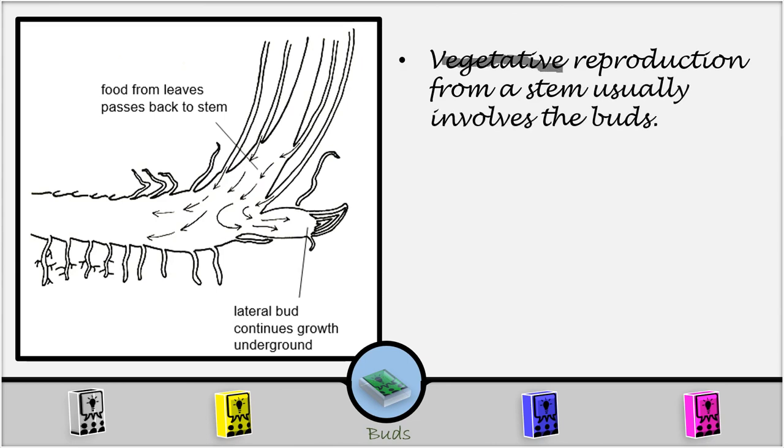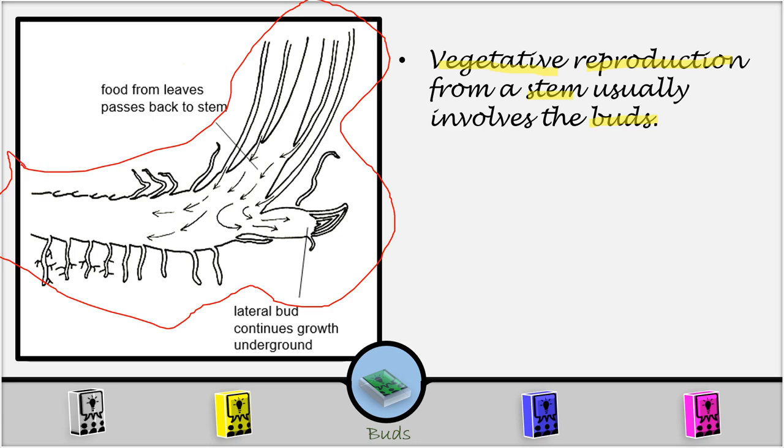Vegetative propagation or vegetative reproduction from a stem usually involves a bud. So when we are having vegetative propagation from a stem, it is usually having a bud. Now, if we look at our plant here, this one is a rhizome. When you look at it, it is a lateral rhizome.